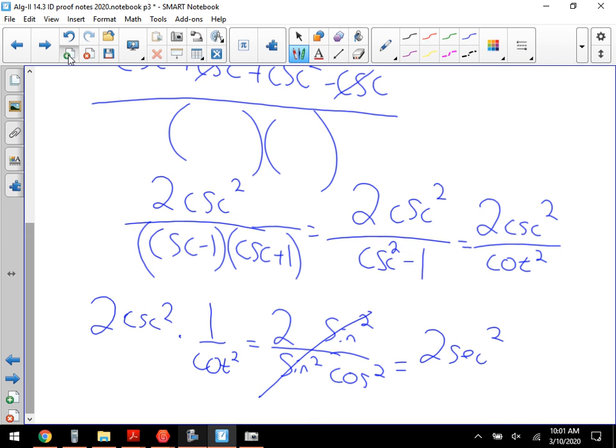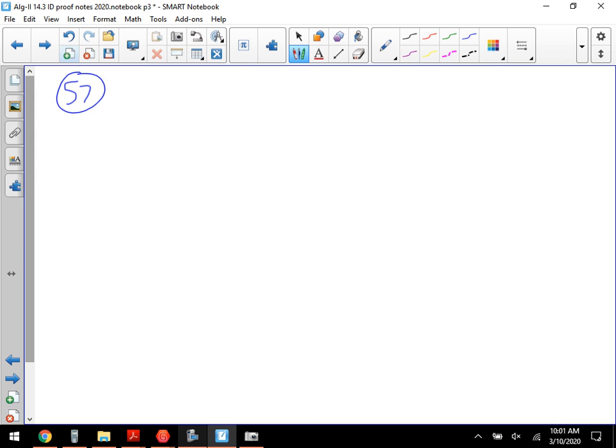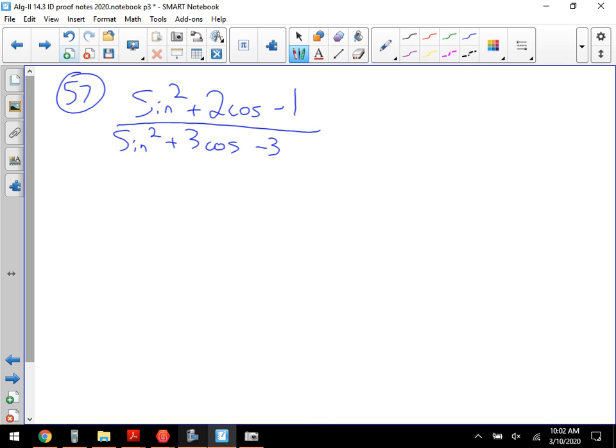Ah, 57. Oh my gosh. Okay. When you have squared terms and non-squared terms, especially with sine and cosine, you're going to always want to try to use the Pythagorean identity to rewrite the squared term in terms of the non-squared term.